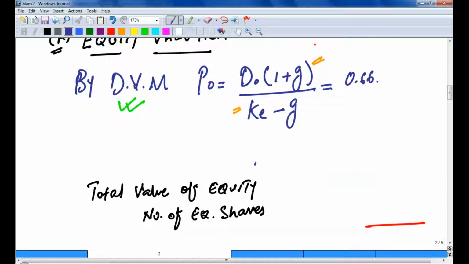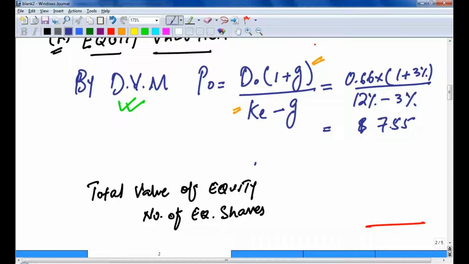So that is 0.66 multiplied by 1 plus growth 3%, divided by KE, that is 12%, minus 3%, and the answer becomes $7.55. Do remember, this is value per share.